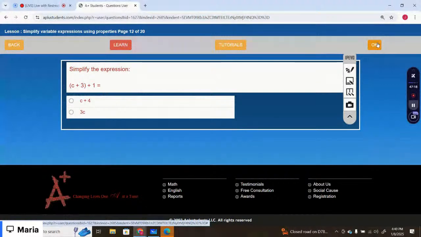C plus 3 plus 1. So, which is the correct option? That is C plus 4. Option number 1 is the correct option.